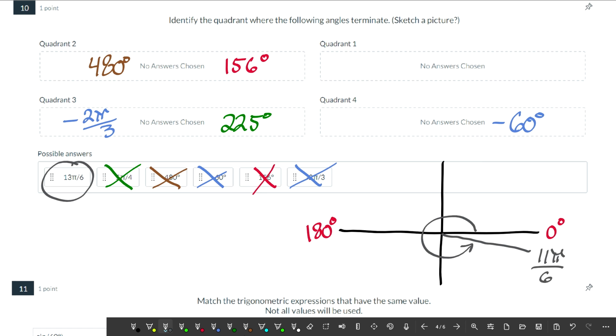When you're at 11 pi over 6, you're almost at a full rotation, because that's 2 pi. 0 in radians is equivalent to 2 pi, and if you count by sixths, it's actually 12 pi over 6. So if you keep rotating, 13 pi over 6 would be here. So it's all the way past a full rotation of the circle, past 2 pi, and it's 1/6 more. So 13 pi over 6 is in quadrant 1.